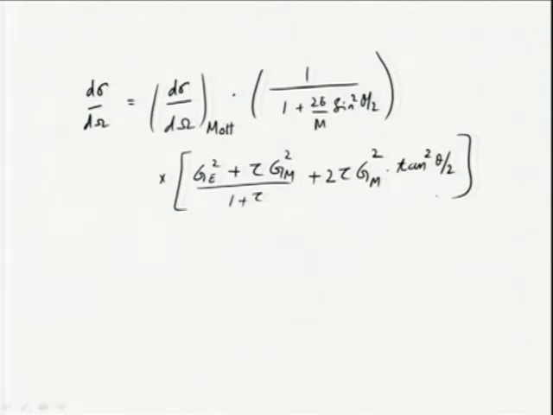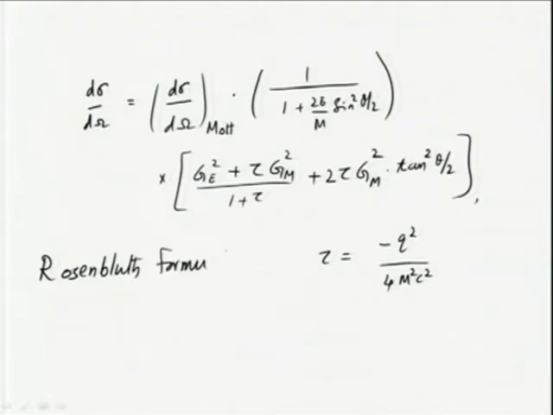And tau, just for the sake of simple notation, we have used tau as minus q square over 4 m square c square. This expression is called the Rosenbluth formula.